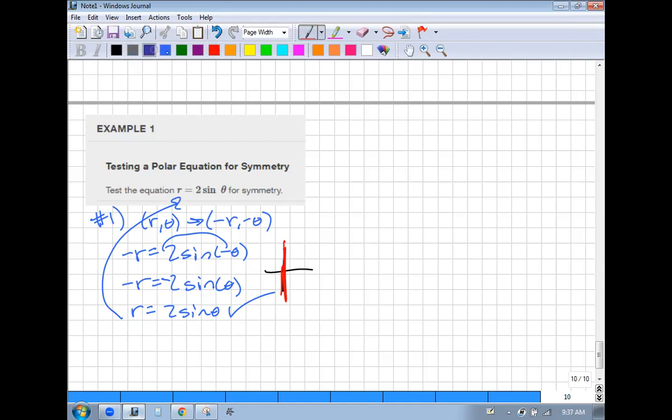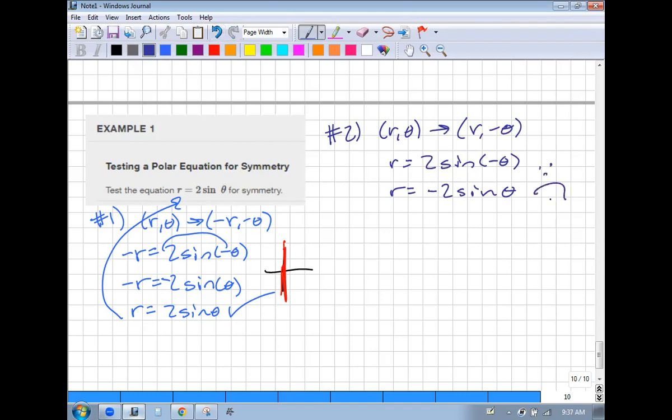Okay. Let's look at test number 2, where we just replace theta with its negative. So I would have r equals 2 sine of negative theta. That minus can come out. So this is not the same as that because we have a minus over here. So no, we don't have symmetry about the x-axis.